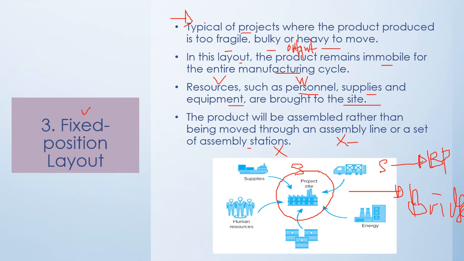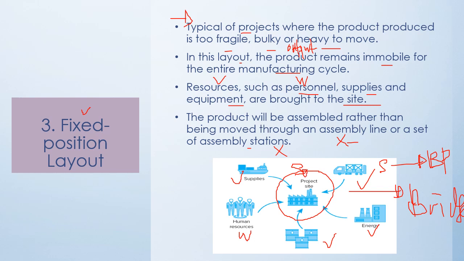So what will happen to the resources in terms of supplies, workers, human resources, energy, all other supplies, machines, equipment, raw materials? All these resources will go to the project site. So resources ni akan bergerak ke tempat project tersebut. So the project, pembangunan, construction semua akan bermula di Semeling, let's say.